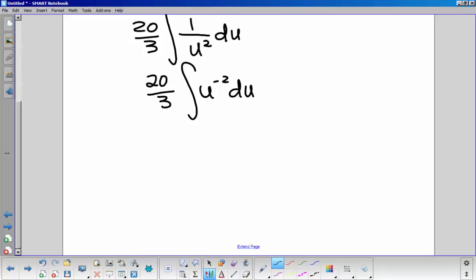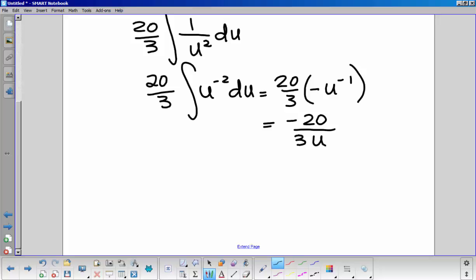Antiderivative of that is? Good. Negative u to the negative 1. And I'm going to leave the plus c off because we're not going to use it. So if I rewrote it, negative 20/3 over u, or negative 20 over 3u.